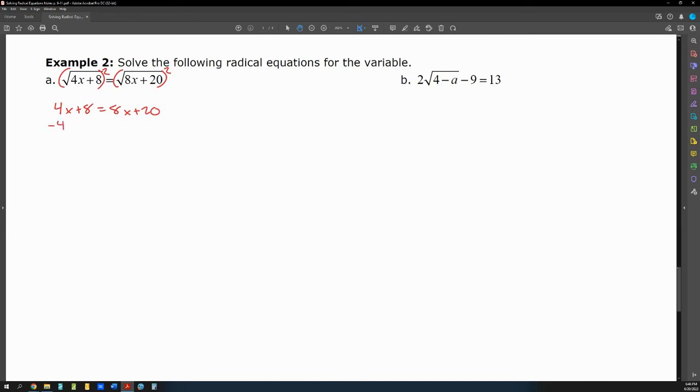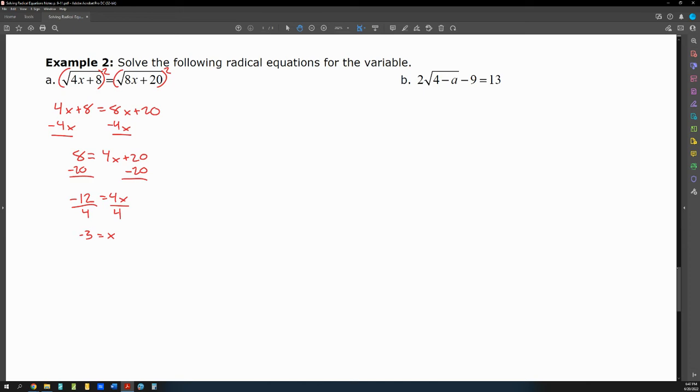Solving for x, we can subtract 4x from both sides, and we're left with 8 is equal to 4x plus 20. Subtracting 20 from both sides, we get -12 is equal to 4x. And then dividing both sides by 4, we get x is equal to -3.